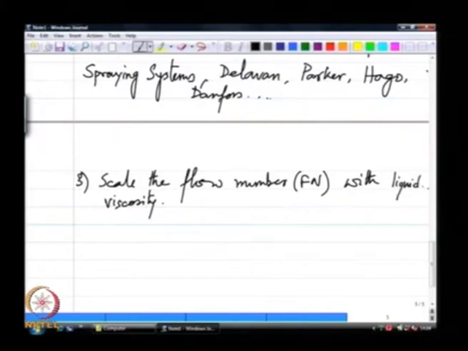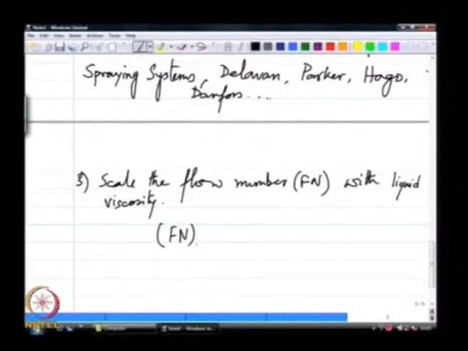In other words, most of these catalogs would have the flow number or all the flow data on all the nozzles reported with, let us say, water or kerosene, depending on their main market segment. Now, if you are spraying a fluid that is different from the test fluid that they are reporting the data on, you need to figure out a way to scale your flow number calculation to what the flow number would be equivalent to their catalog.